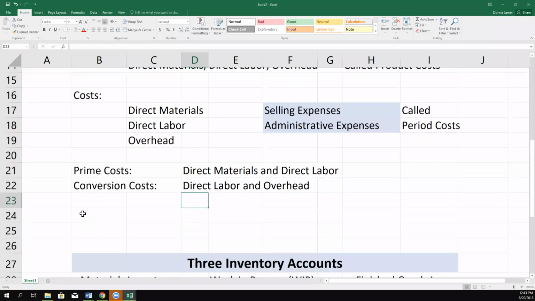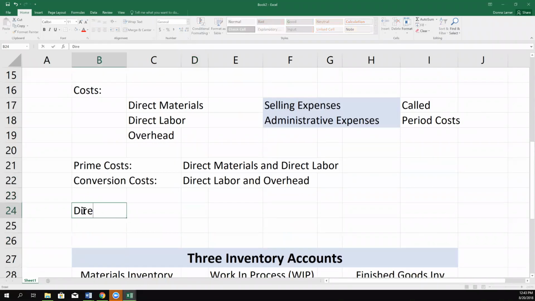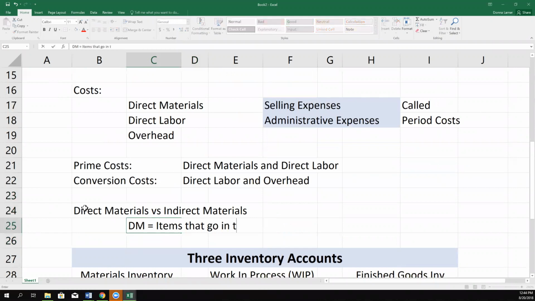Okay, a couple more things. Let's get into a real good definition of direct materials, because there's something called indirect materials. And direct materials are the items that go into the finished product. I know that might sound silly, like, oh, what else would it be?